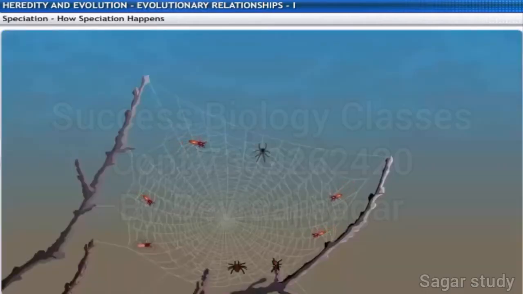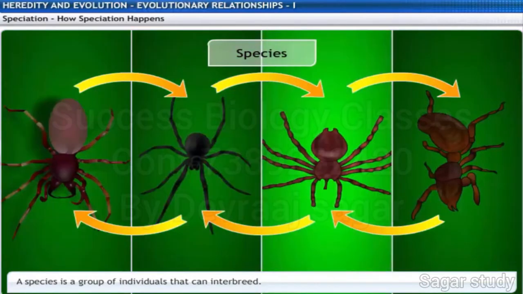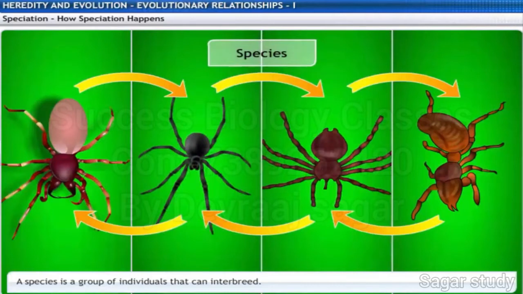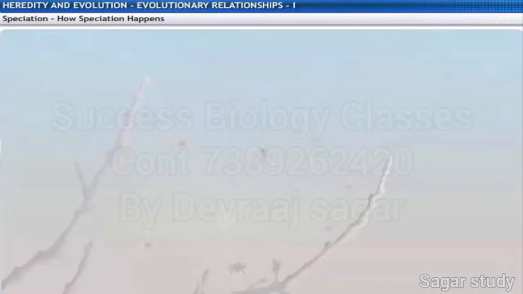Let's see how the speciation happens. Before that, let's understand what a species is. Take a look at the spiders. Each spider looks different, but they are all able to interbreed. A species is defined as a group of individuals that can interbreed in nature.